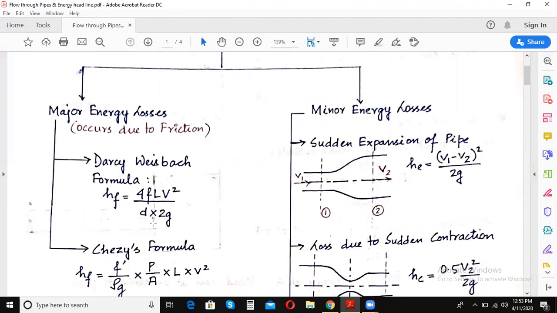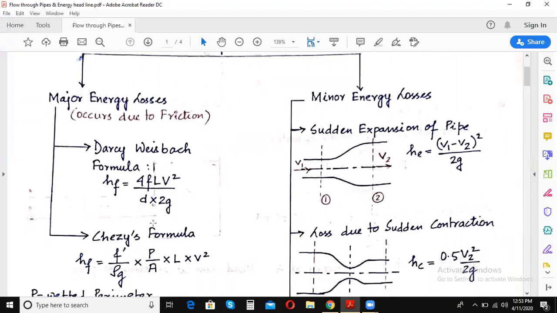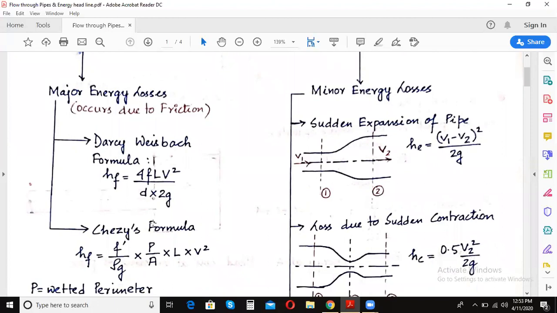So these terminologies are also very clear. f means the coefficient of friction, L is the length of the pipe, V is the velocity of fluid flow occurring through the pipe, D is the diameter of the pipe cross section, and g is known to everyone, that is the acceleration due to gravity. So as simple as that.